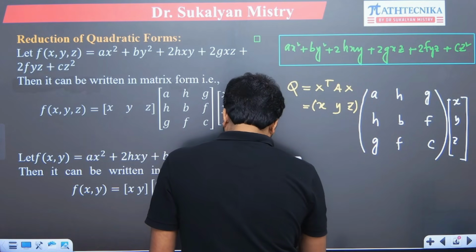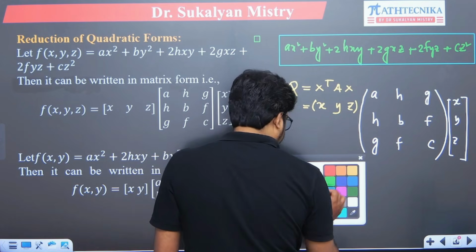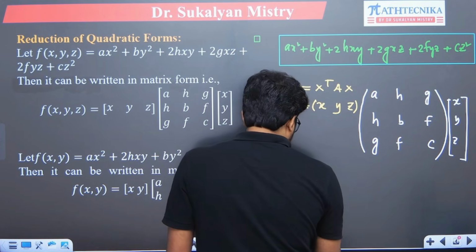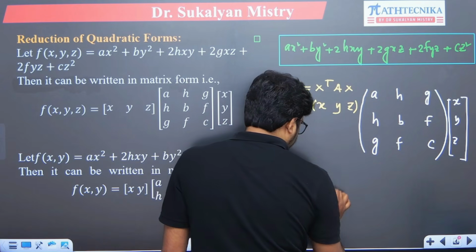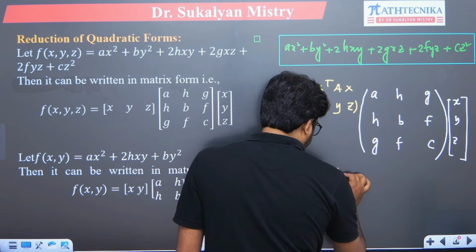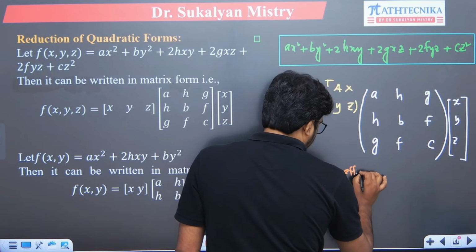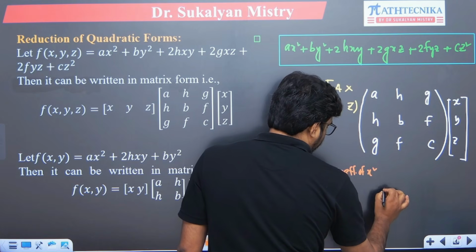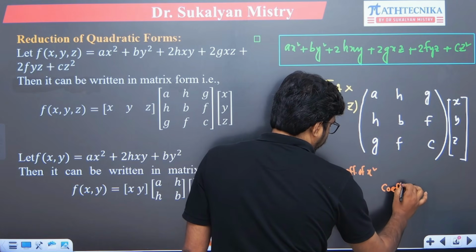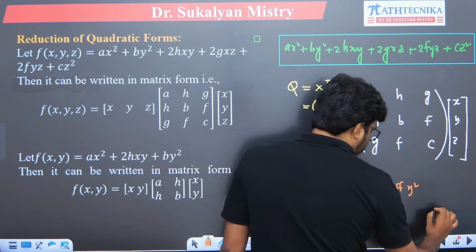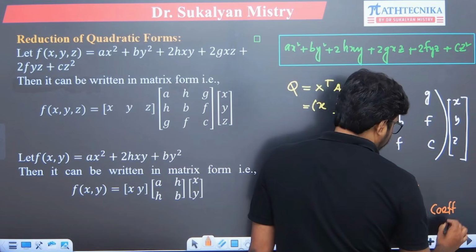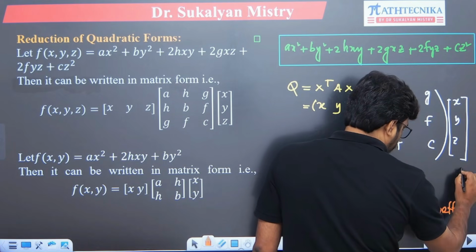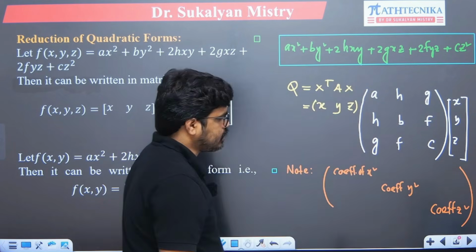The associated matrix can be obtained by the coefficient of x square, coefficient of y square, suppose 3 cross 3, suppose we have 3 variables, coefficient of z square, right?